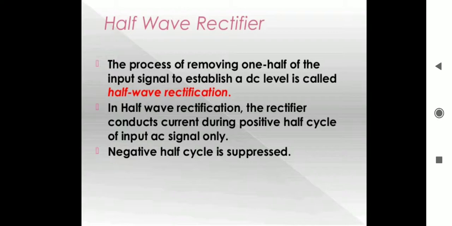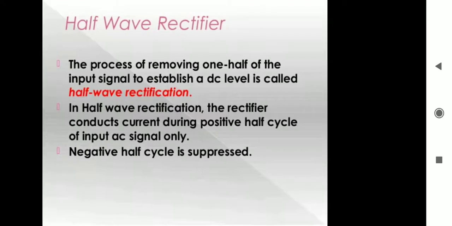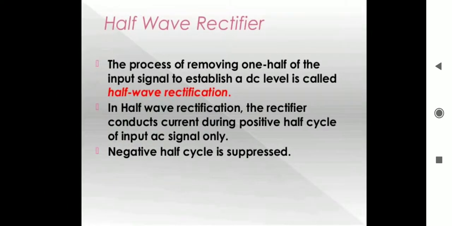In the previous lecture we discussed the basics of rectifier and types of rectifier. In a large number of electrical and electronic circuits, DC voltage is required for operation. We can alter the AC voltage into DC voltage by using a device called a PN junction diode.